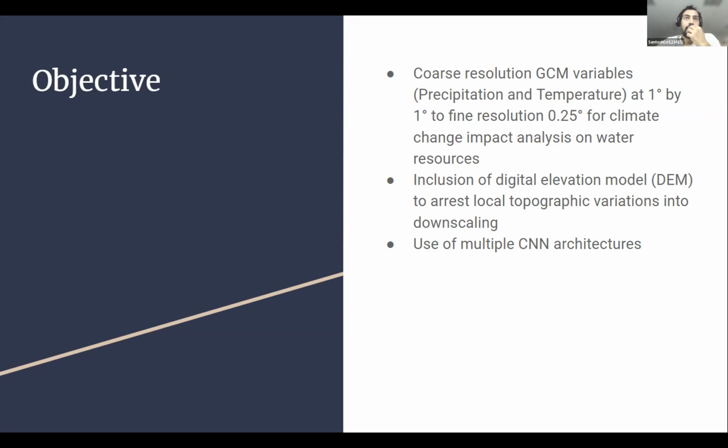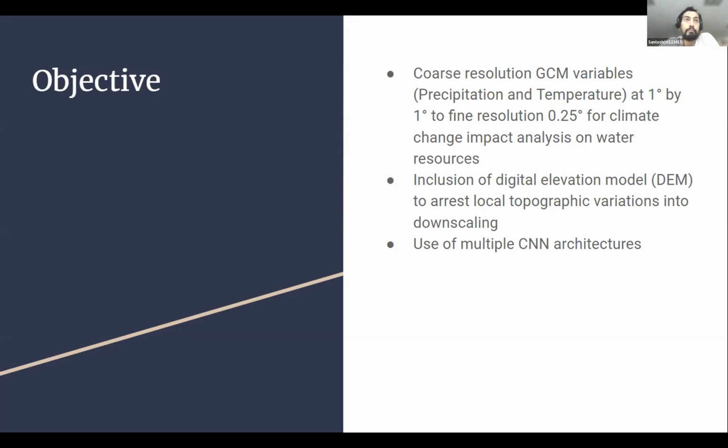It is also noteworthy to mention that GCMs do not consider the local topographic variation, in order to address the orographic effect of rainfall. So we are planning to include the digital elevation model, or the topography, into the downscaling, so that it could capture the topographic variation.